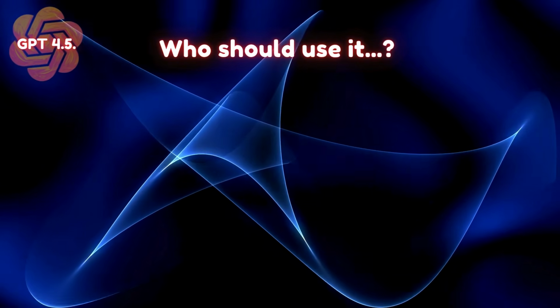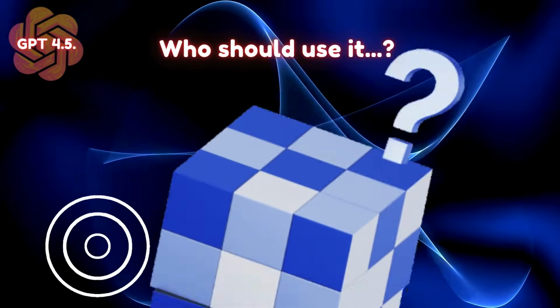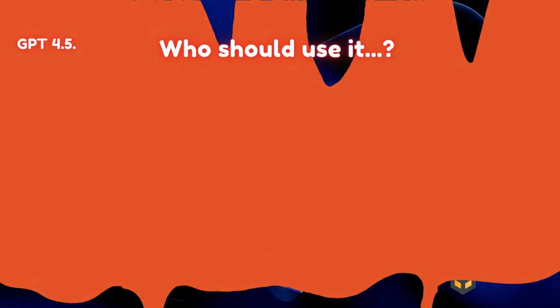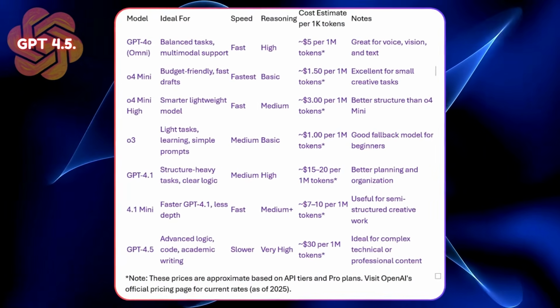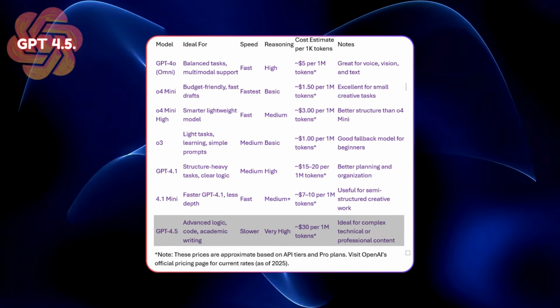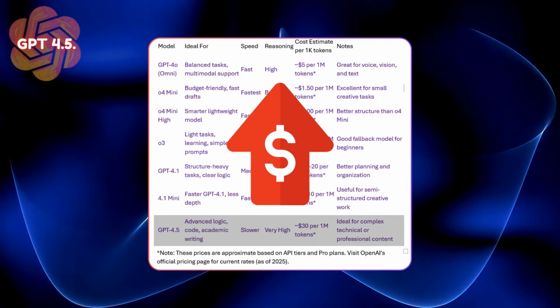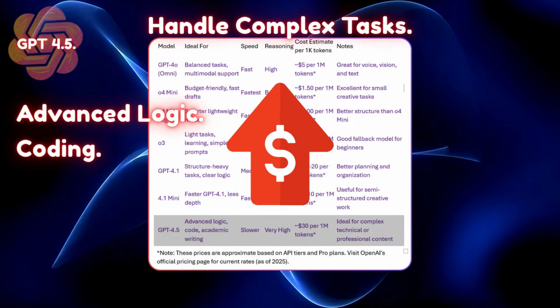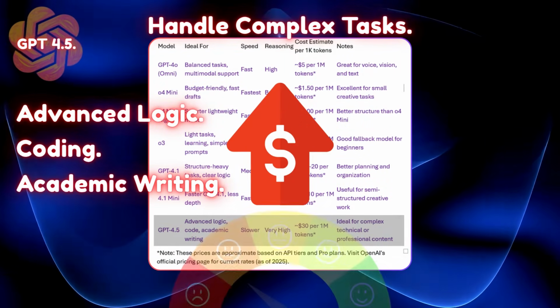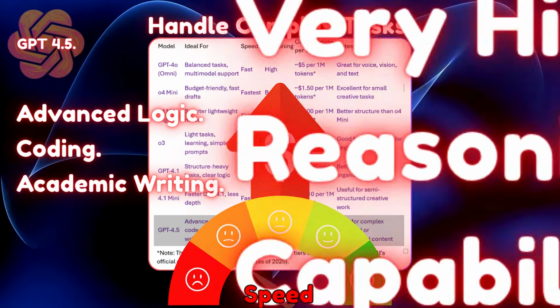Who should use it? If you need exactness, logic, and structure with zero fluff, GPT 4.5 is your best bet. The cost per 1 million tokens is around $30. It's expensive but worth it for its capability to handle complex tasks like advanced logic, coding, or academic writing. It is comparatively slower but has very high reasoning capability.